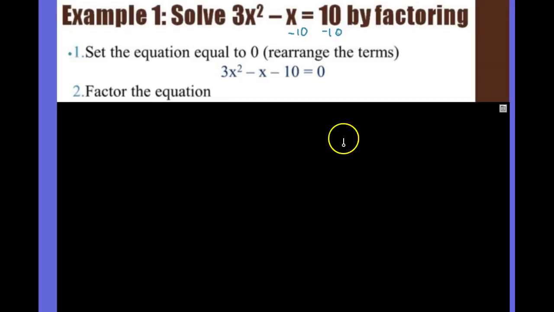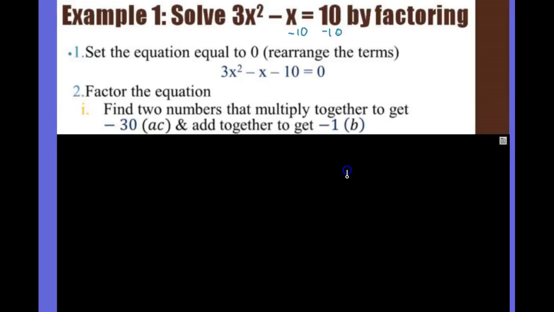So in order to factor it, I have to do my multiplying. So I'm going to form my magic X. So my magic X says I multiply A times C, or in this case, 3 times -10, to get me a -30 up top. My B term is -1.